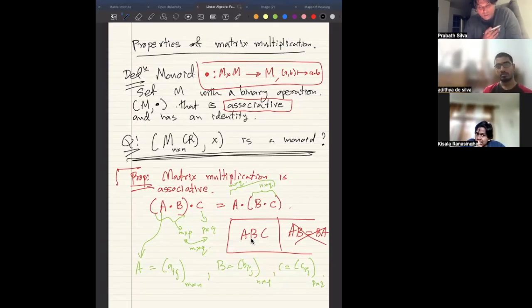Okay. So the answer to this question is yes, if R has an identity. This E stands for the identity.